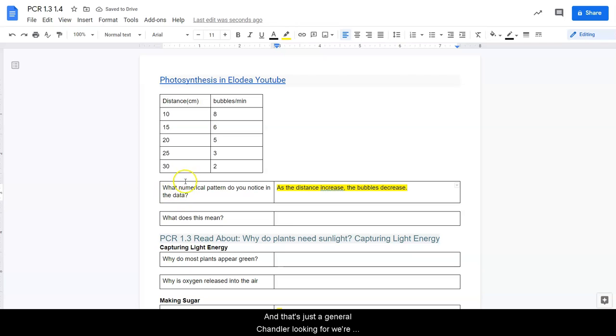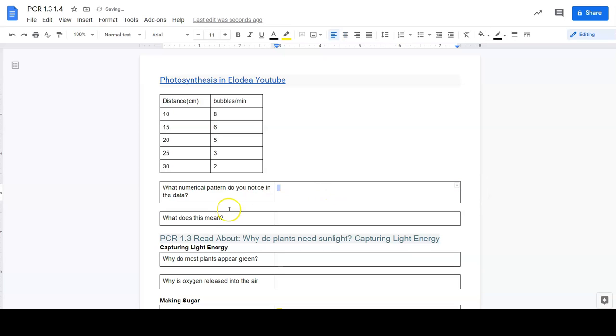And that's just the general trend we're looking for. We're not trying to be so detailed as to look for like a 2, 1, 2, 1 type of pattern. Just a general idea of as one gets bigger, the other one decreases. So what does this mean?